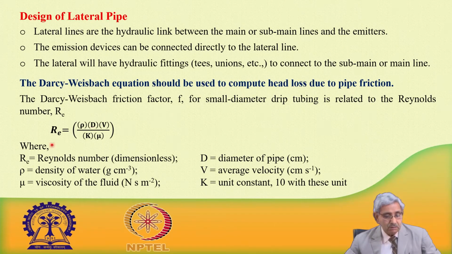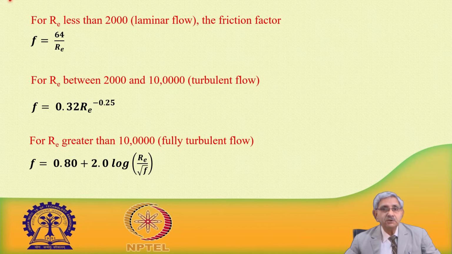So, the Reynolds number is estimated from the ratio of inertial force to viscous force, that is rho V d by mu, and K is the unit constant. Referring to the Moody diagram, you have seen that for laminar flow the value of F can be estimated by using this expression, whereas in case of turbulent flow it can be estimated by using this equation, and when the flow becomes fully turbulent, F can be computed by using this expression.